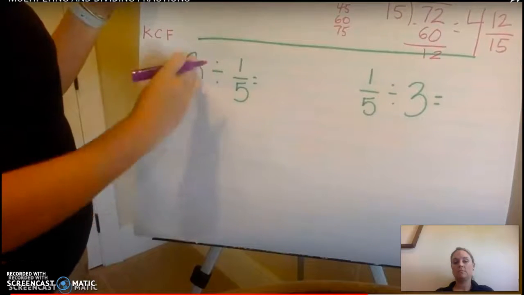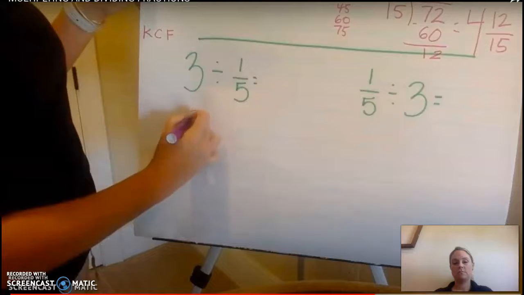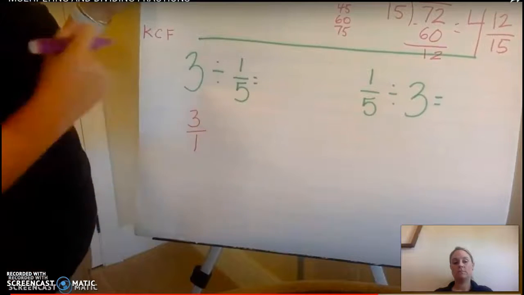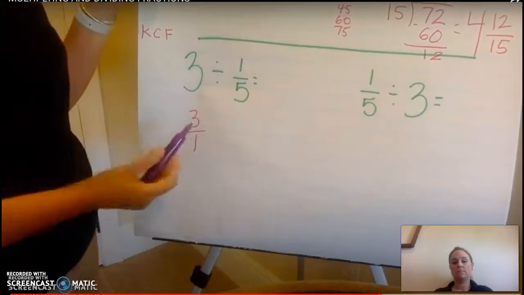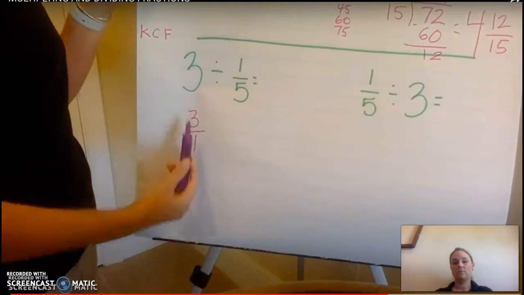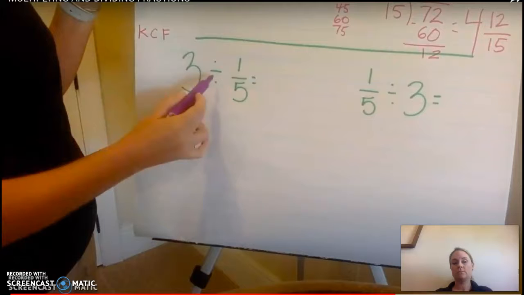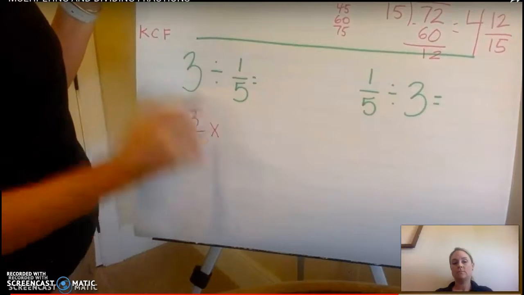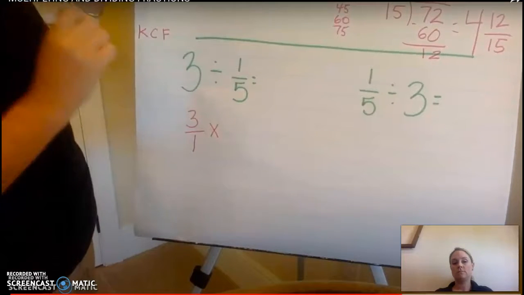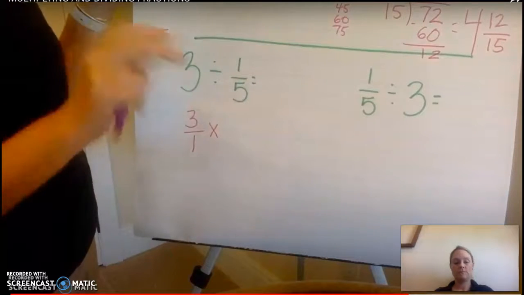So we keep our first fraction the same. Well, we know 3 and 3/1 is the exact same thing, because 3 divided by 1 still gives me 3. So we're going to go ahead and move this into a fraction. Okay, so we're keeping it. We're changing the division into a multiplication sign, and then we're flipping the second fraction only.